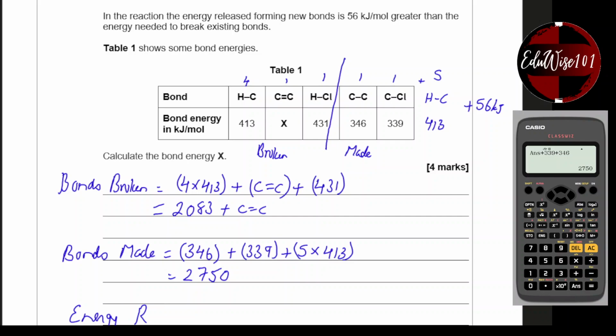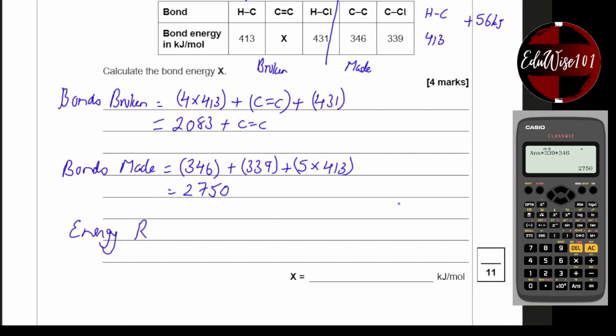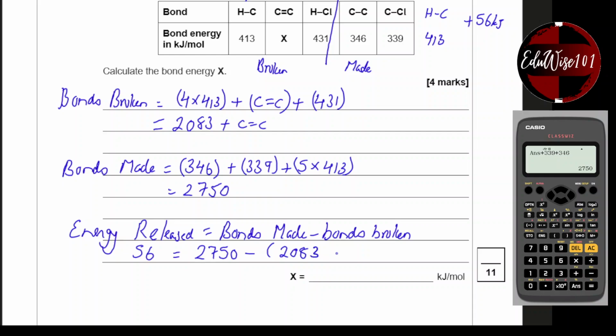Energy released equals bonds made minus the bonds broken, which is 56 should be equal to 2750 minus the 2083 plus the carbon-carbon double bond.